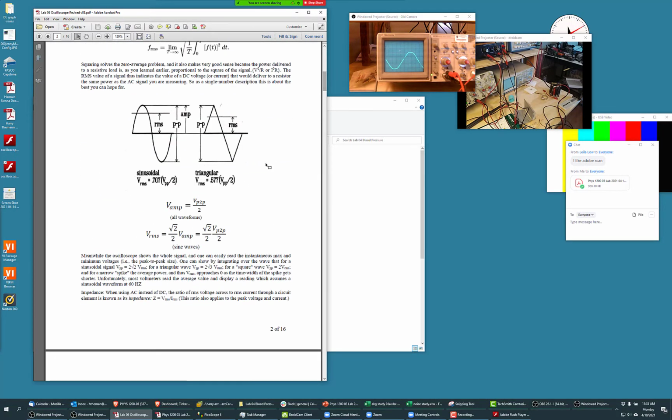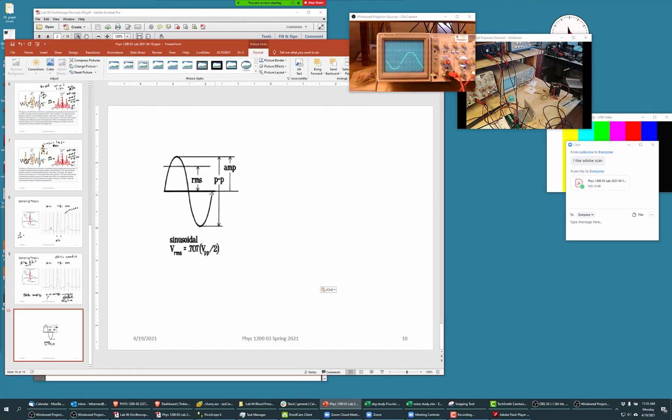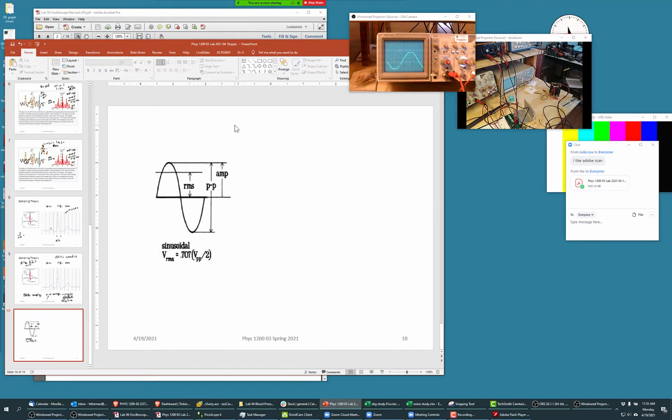Okay, so first, I can't remember if the pre-lab has these definitions, but they're really critical. Especially for the sinusoid, that's for you guys as 1200 students, that's really the most important thing. Knowing how to apply it to a triangle wave, for example, is something that a 1200 level student has to deal with.